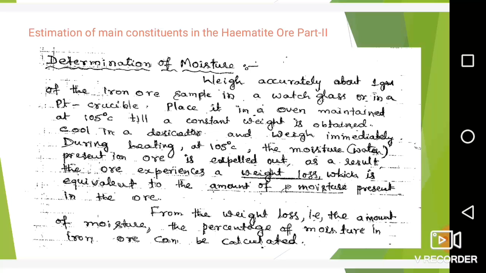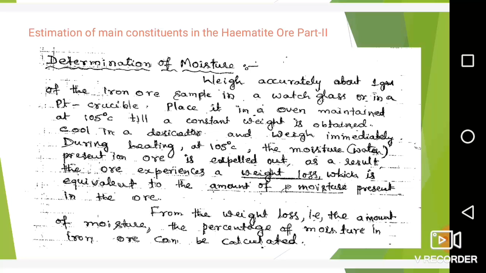So weigh accurately 1 gram of the iron ore sample in a watch glass or in a crucible, place it in an oven maintained at 105 degrees Celsius till a constant weight is obtained. Cool in a desiccator and weigh immediately.